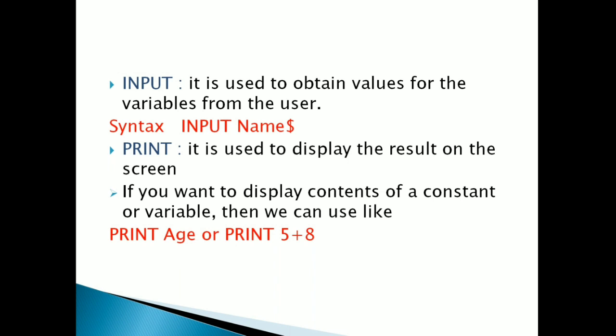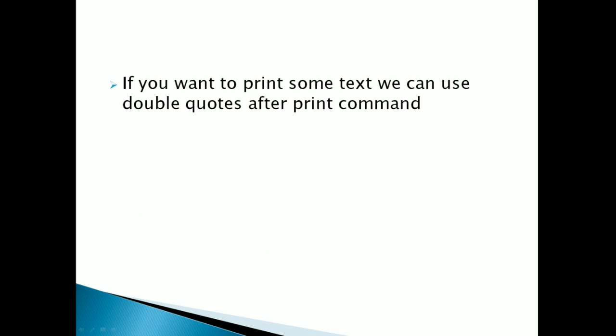First we have to use the print command, then we can use either the variable or a constant. If you want to print some text, we can use double quotes after the print command. First we use the print command, then in double quotes we give the text we want displayed on the screen. So this is how we can use the print command for displaying text only.